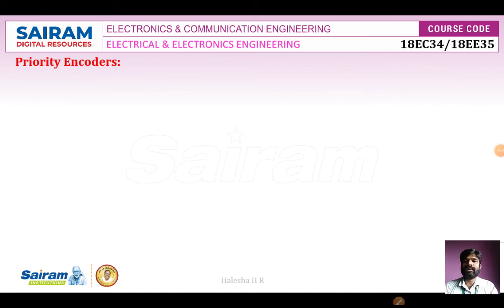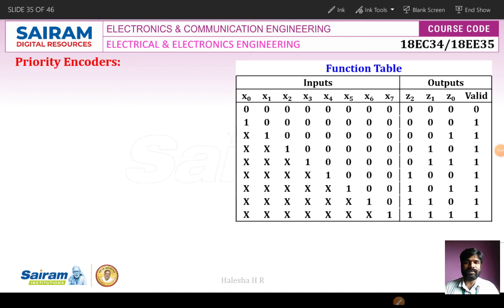Let's see an example, an 8 to 3 line priority encoder. This is the function table. It has 8 inputs, x0, x1 up to x7, and outputs z2, z1, z0. Here we included one more output, which is valid.